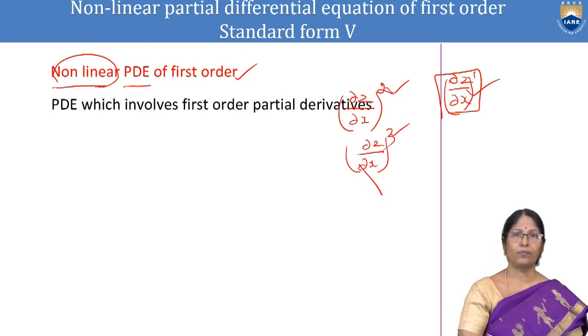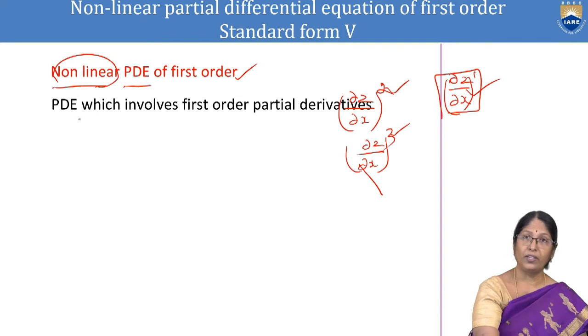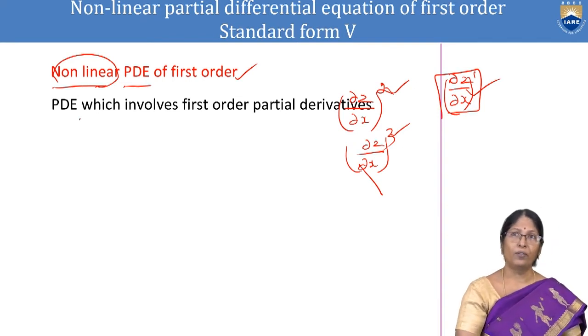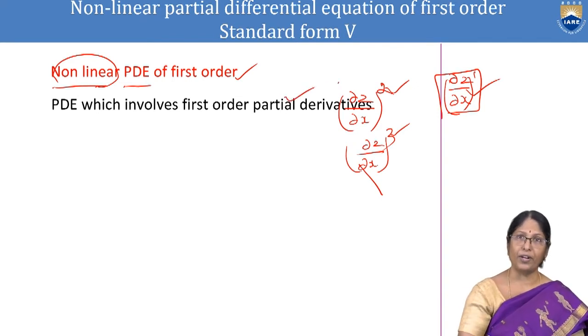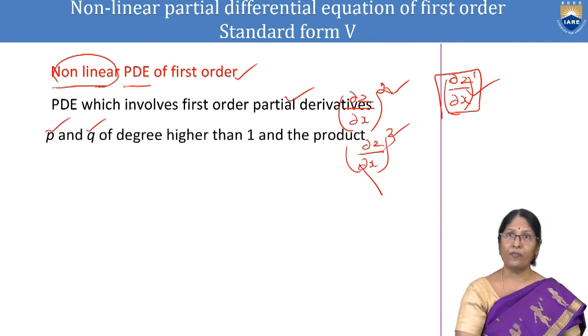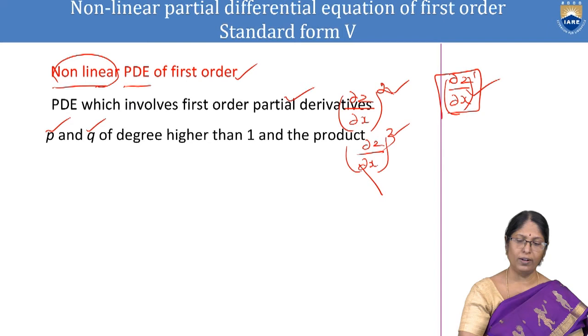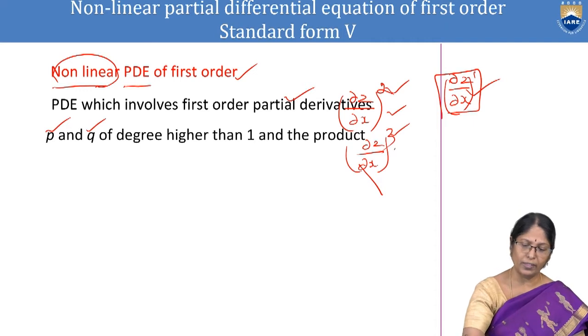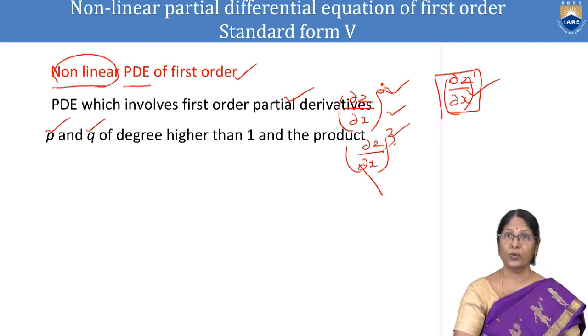The PDE which involves first order partial derivatives p and q of degree higher than 1, those are the examples. Here in this example the degree is 2, and in this example the degree is 3.